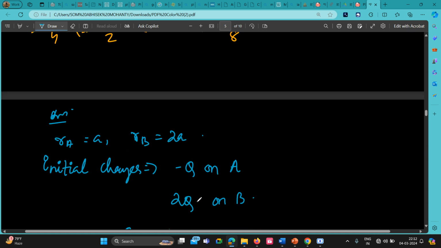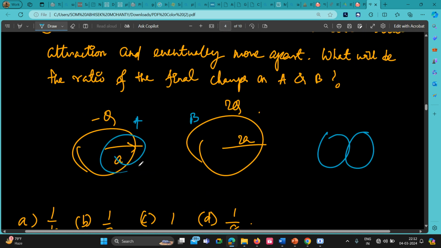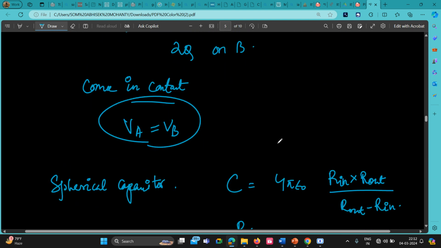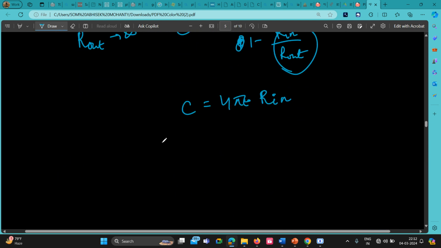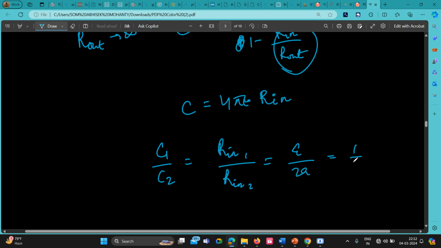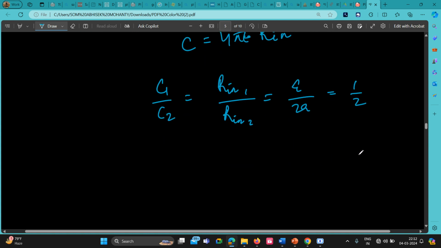If you see these two capacitors here, only R in is there: A and 2A. So C1 by C2 is R in 1 by R in 2, that is A by 2A, that is 1 by 2. Now we know C is equal to charge by potential.